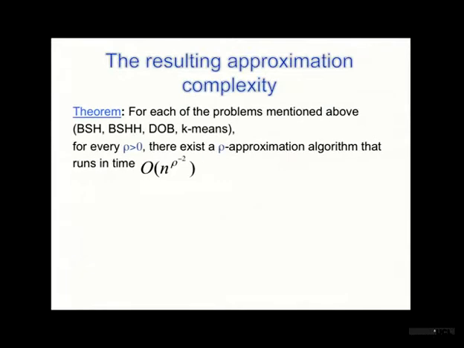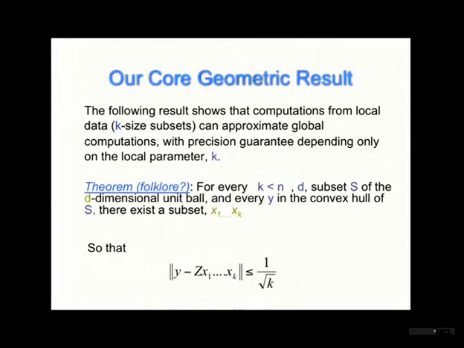So for all of these problems, we get an algorithm that runs in time the input size to the power of rho to the power minus 2. The rho to the minus 2 comes from the relationship between the k that I need and the approximation.